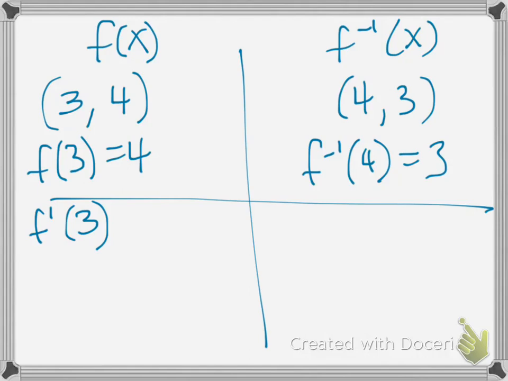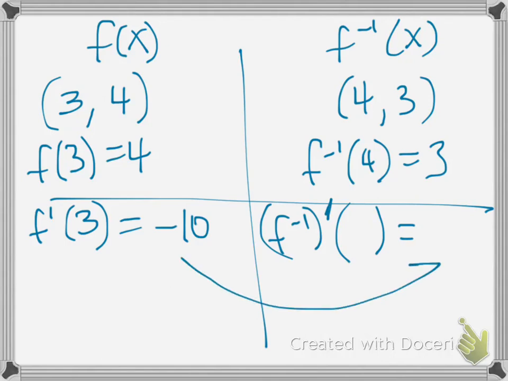Let's say that f prime of 3, that's the slope, is equal to negative 10. Then here you would say that the derivative of f inverse would be the reciprocal of that one, so it would be 1 over negative 10. It's not the opposite reciprocal, it's just the reciprocal.